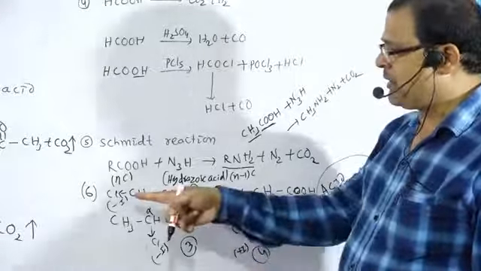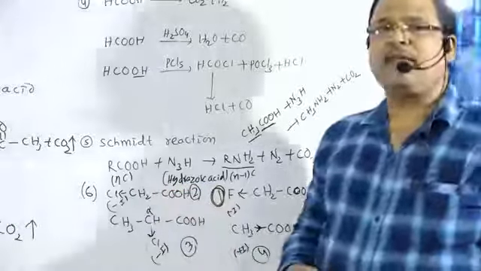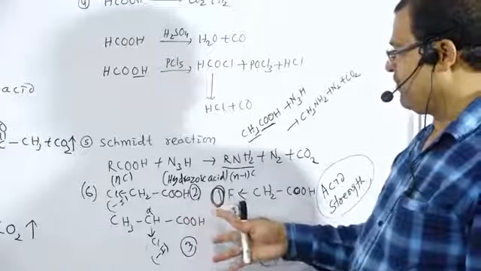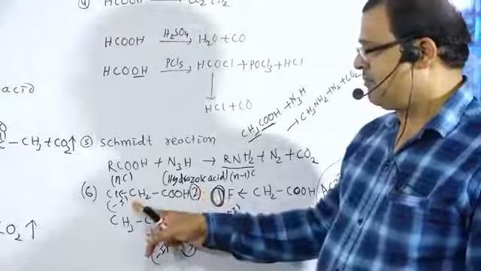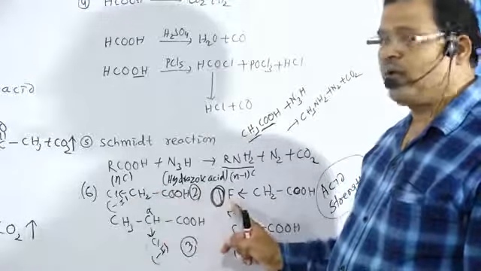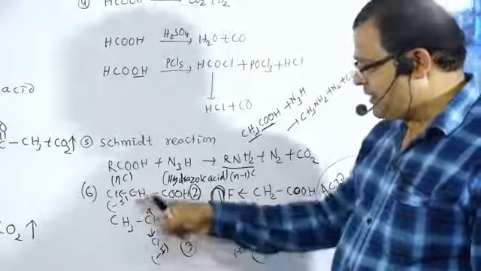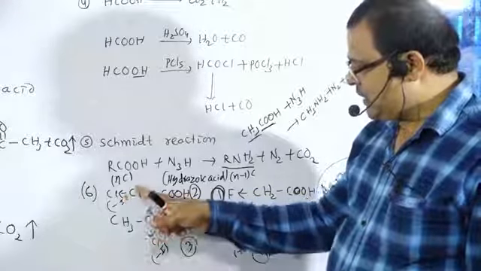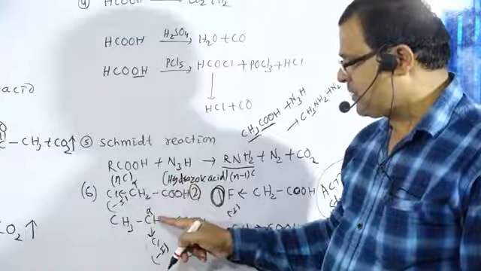So for the answer to question number 6, the comparison of the acidic strength of the carboxylic acids: fluoroacetic acid is more acidic than chloroacetic acid because of the more electronegative nature of the fluorine atom. Comparing the next two, a minus I group, chlorine, is attached to the alpha position in both cases.